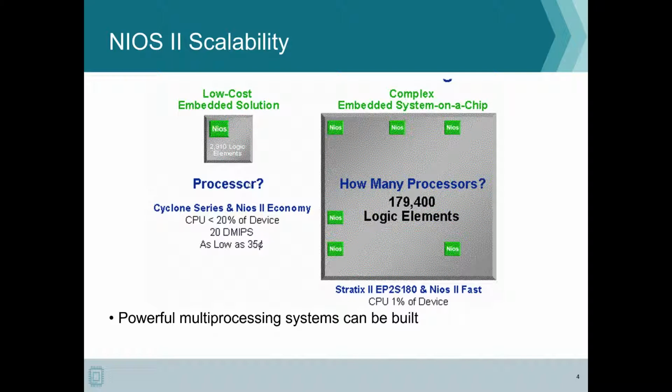If you're dealing with a larger FPGA like the Stratix 2, here you can see that we can now fit multiple NEOS processors, and we could do much more multiprocessing systems on the FPGA using the NEOS 2.